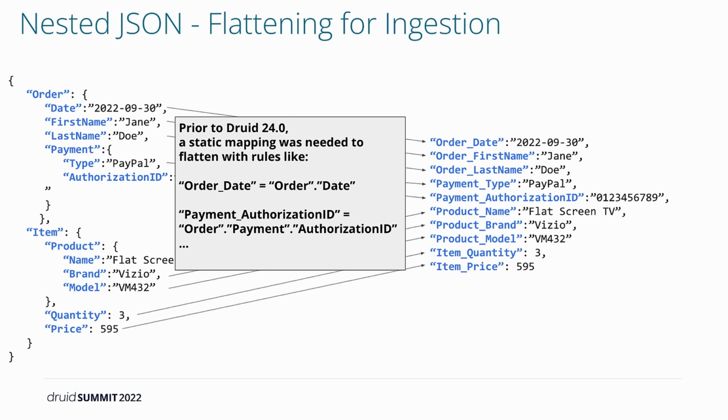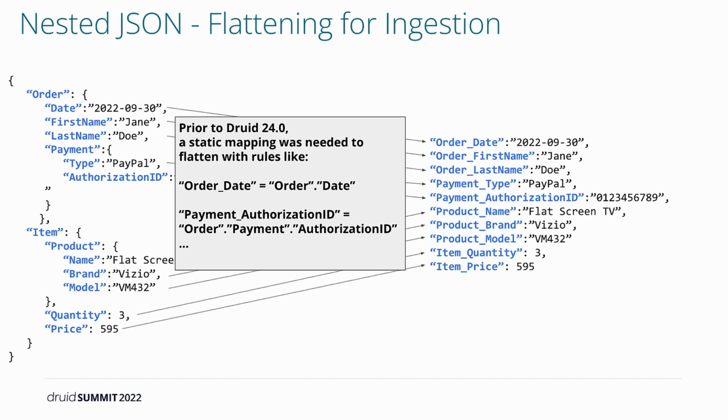So this is specifying the target column and what source field it comes from. So it's things like order underscore date comes from the order field, the date subfield, or payment authorization ID comes from the order field, the payment field inside that, and the authorization ID field inside the payment. So you need to create all these rules for all possible fields within the JSON.